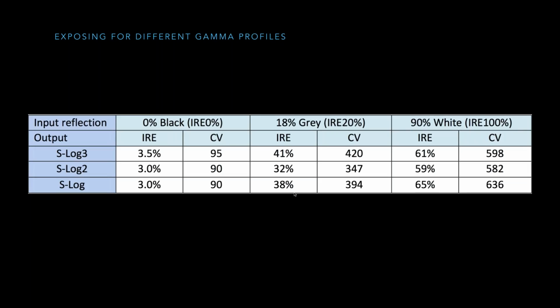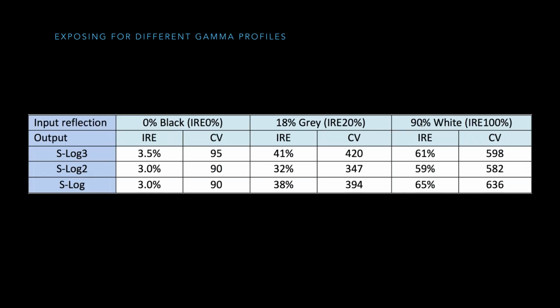Again, this information is available. I've pulled this chart off of Sony's website. It shows you S-Log, S-Log2 and S-Log3, and where, for example, 90% reflectance should fall on an IRE waveform scale. If you've got a waveform monitor on your camera, so in the C100 you've got one built in, but even if you don't, you might have a small HD monitor hooked up to your camera, you can actually see this information.